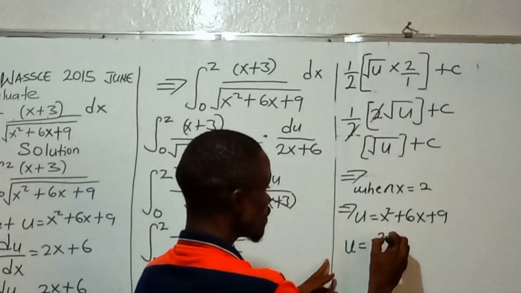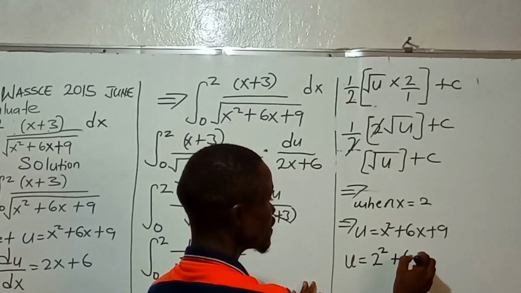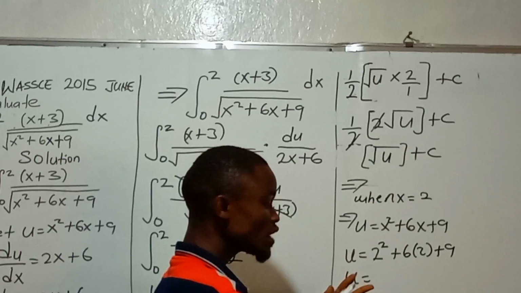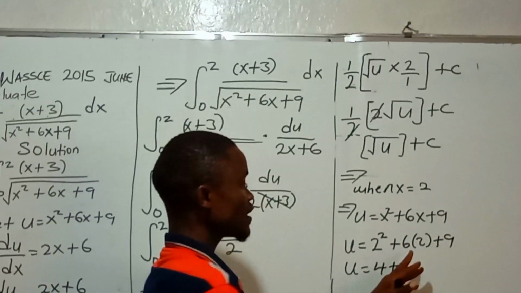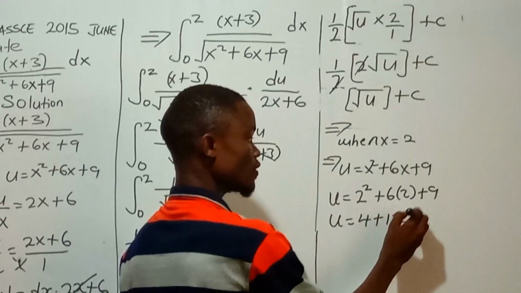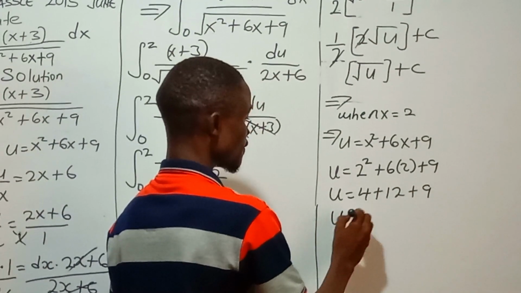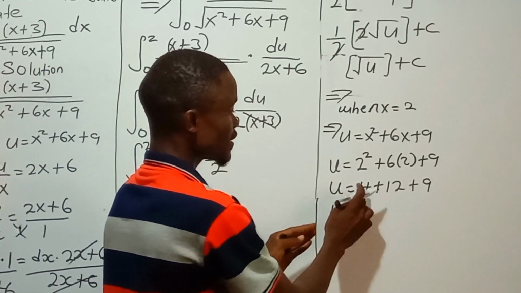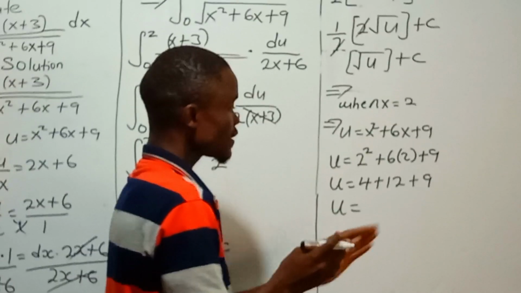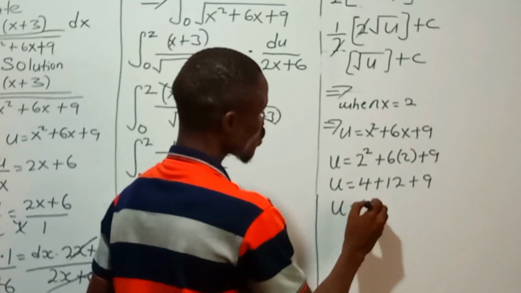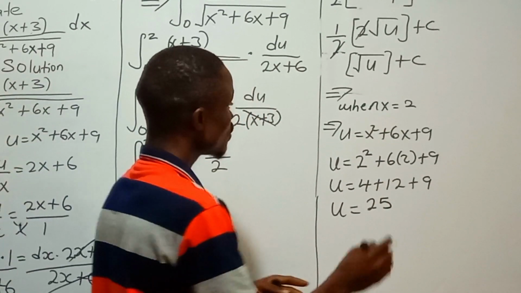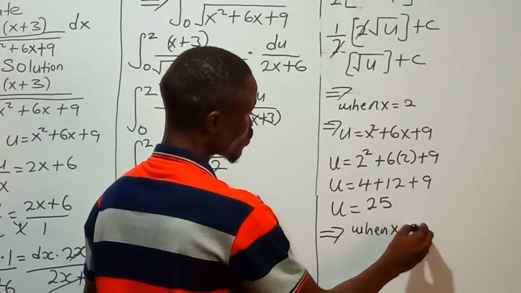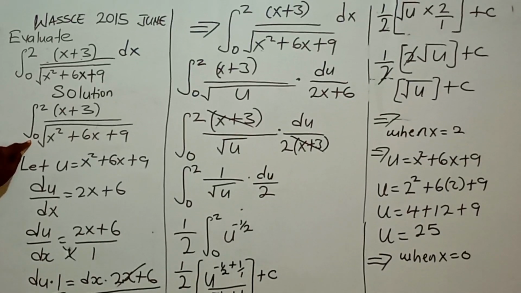So 2 squared plus 6 into 2 plus 9. 2 times 2 gives 4, 6 times 2 is 12, plus 9. 4 plus 12 gives 16, and 16 plus 9 gives 25. Now the lower limit, x equals 0.